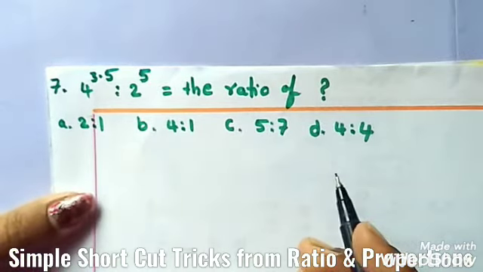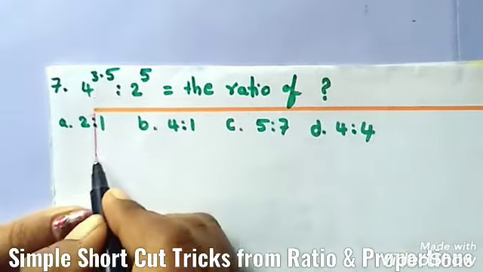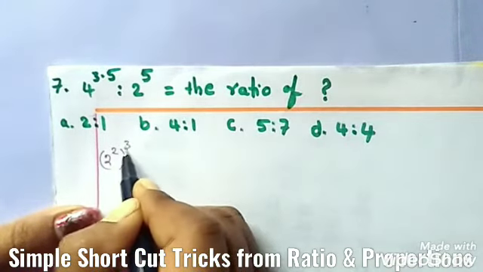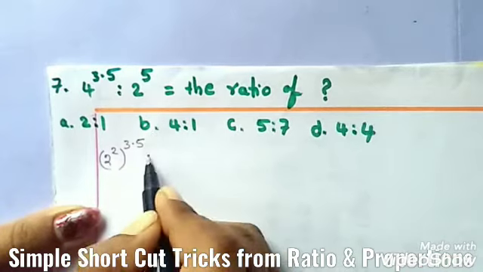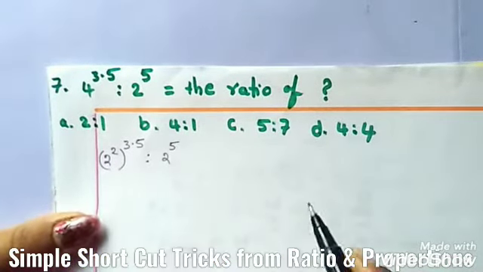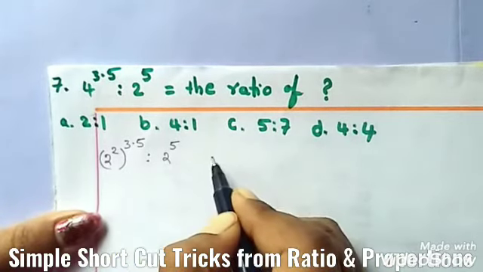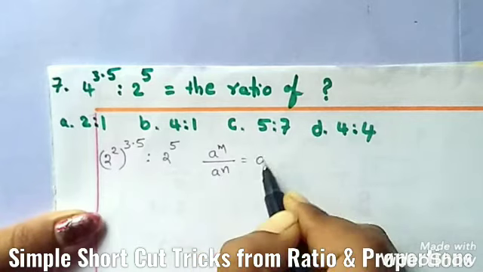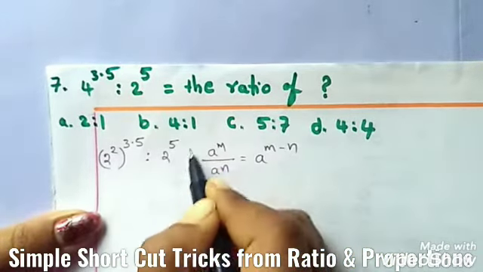Now just to solve this question, 4 you can write like this, students: 2 square whole power 3.5 is to simply 2 power 5. Now this comes from the formula a power m by a power n is equal to a power m minus n.